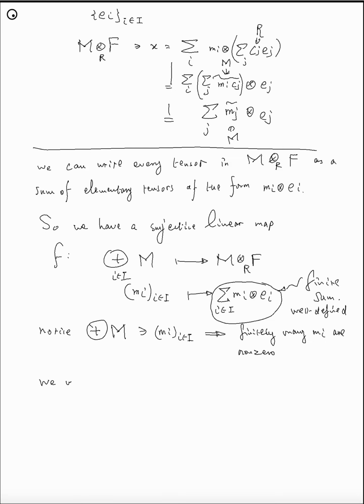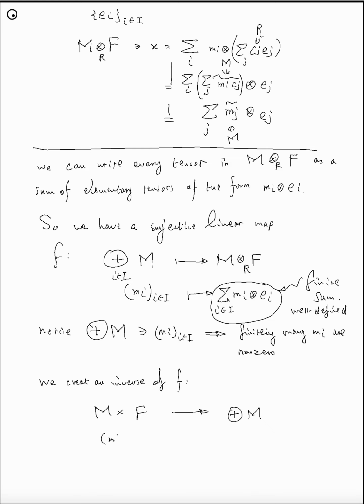We want to create the inverse of F. So we start, again by the universal property, with this bilinear map.